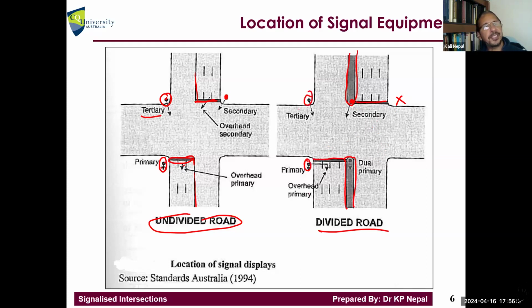And the tertiary is there all the time. So you see, we need to provide the signal equipment at the correct location. We can't just put it somewhere here or somewhere there. You need to follow the standards, because they need to be clearly visible, they need to be correct, and so on.